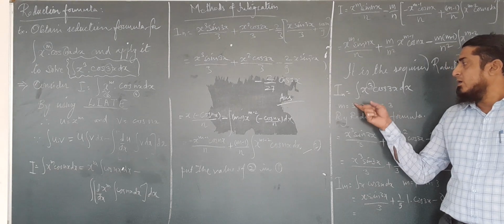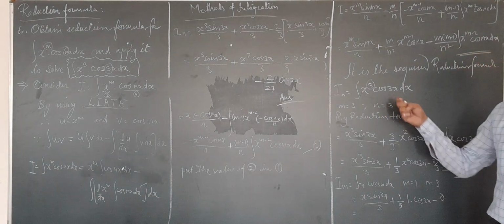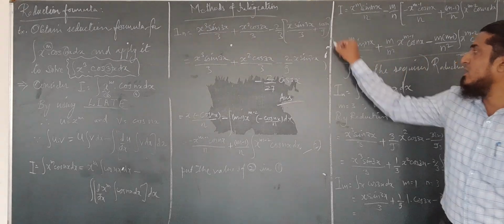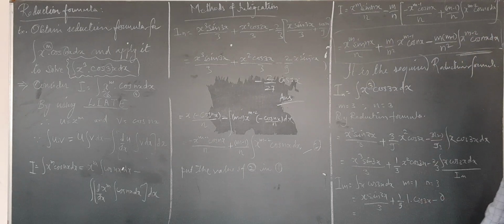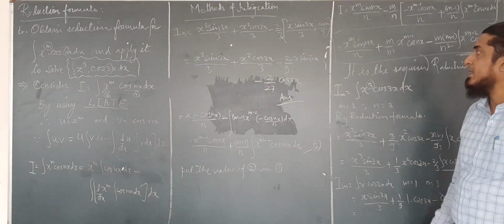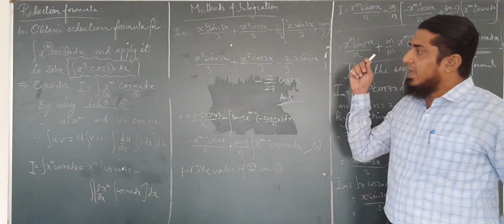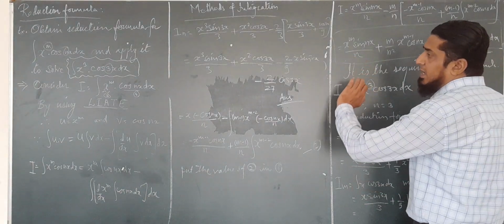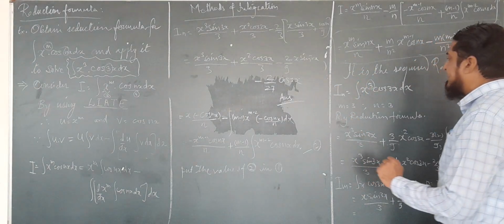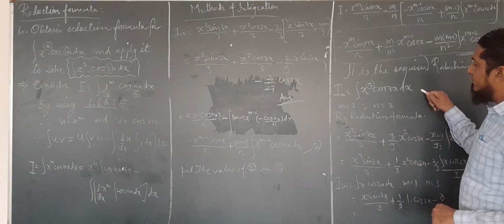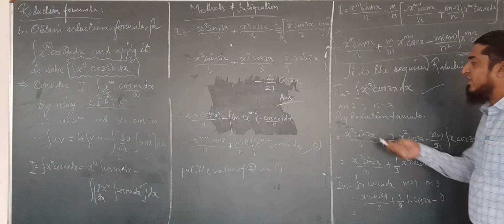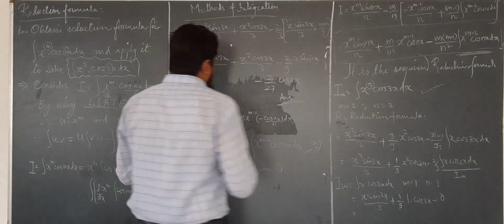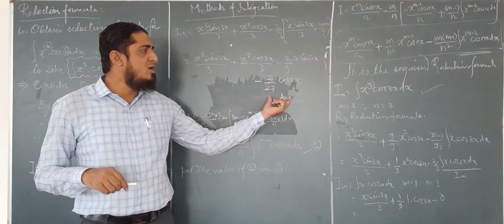We had to find the integration of x cube cos 3x dx, and we have already proved the reduction formula for x raised to m cos nx dx. By using this formula, we have easily put values of m and n into the reduction formula, and we will easily find the final answer of the integration.